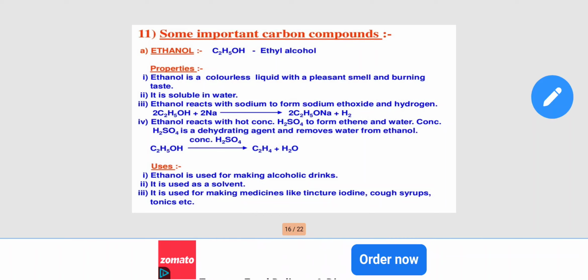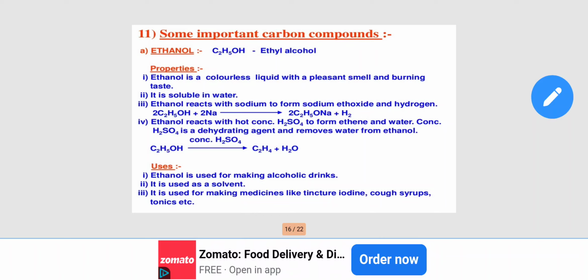Ethanol reacts with sodium to form sodium ethoxide and hydrogen. You can see the reaction: C2H5OH plus 2Na gives C2H5ONa plus H2. Ethanol reacts with hot concentrated H2SO4 to form ethene and water.